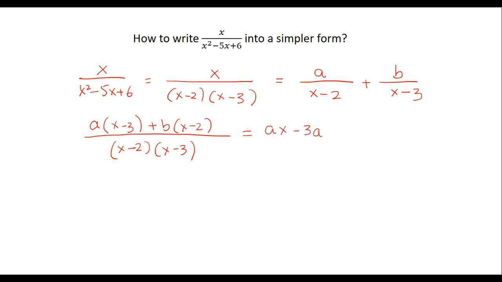So this is my first value. The next value is bx minus 2b. And then for the rest of the bottom, I didn't change anything for the time being. And then as we always do in a polynomial equation, we always try to put all values according to the corresponding variables.